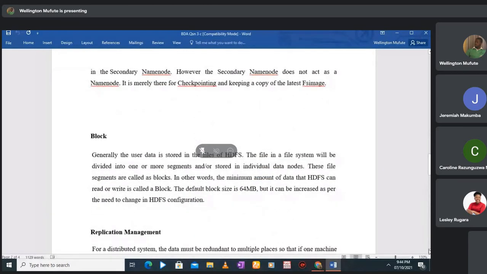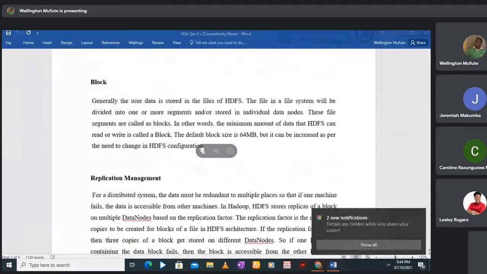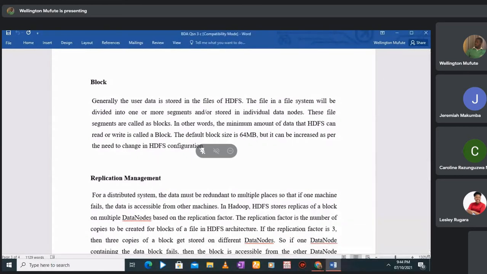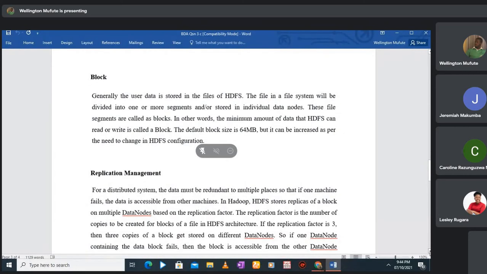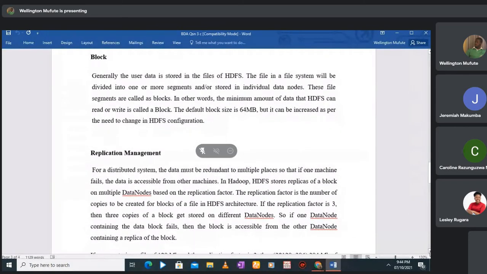We have also what we call the block. So generally the user data is stored in the files of the HDFS, and the files would be divided into one or more segments and stored in individual data nodes.